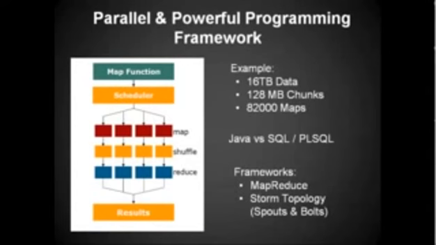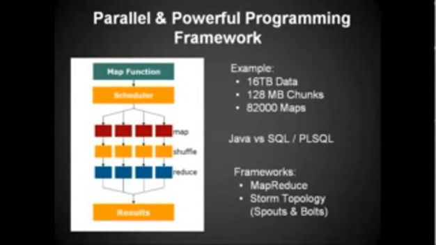Another key feature of big data is that it has a massively parallel and powerful programming framework. For example, if you have 16 terabytes of data, which is not really huge if you look at big data, and the data is divided say into 128 MB chunks, then your program will be divided into 82,000 maps or functions that will run concurrently on those data nodes or processing nodes.